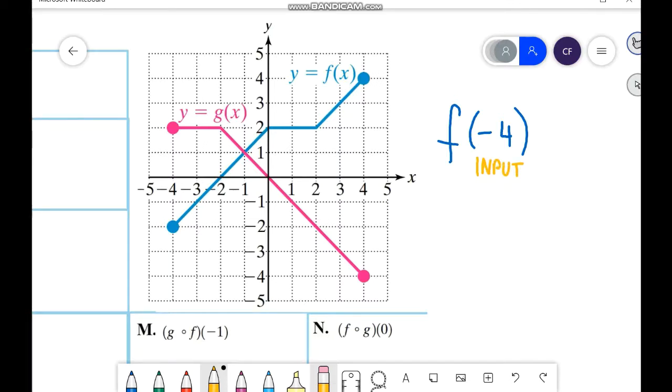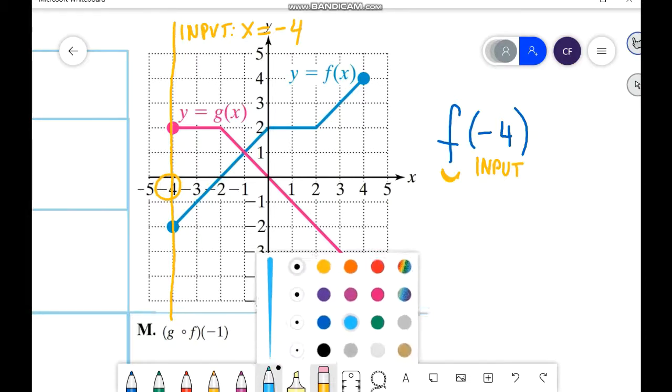Remember, we need to draw a vertical line on the inputs. X equals negative 4, right here. Draw a vertical line. This is the input. X equals negative 4. To find the output, we need to find the intersection between this vertical line and the function f.